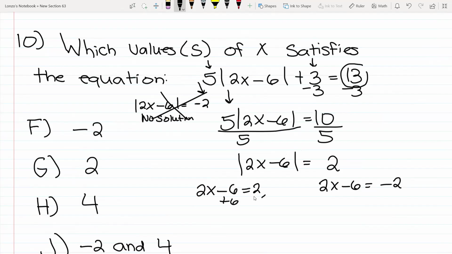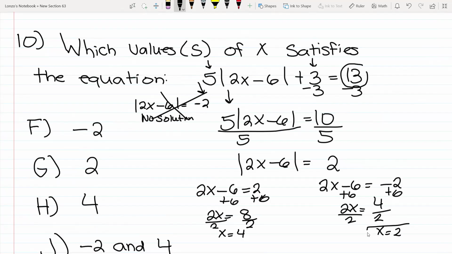So I'm going to add 6. 2 plus 6 is 8. Divide this by 2, you get x equals 4. Same thing here. Add 6. You get 2x equals 6 minus 2, which is 4. Divide this by 2, you get x equals 2. So x equals 2, x equals 4.